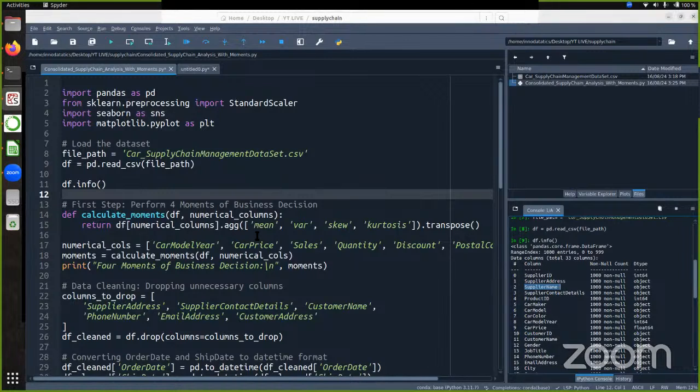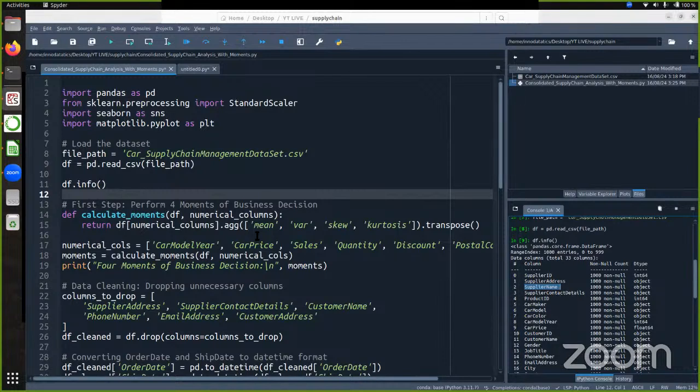We are going to try to understand the average value. What kind of average value are we looking at? Then we will also look at our second moment business decision.